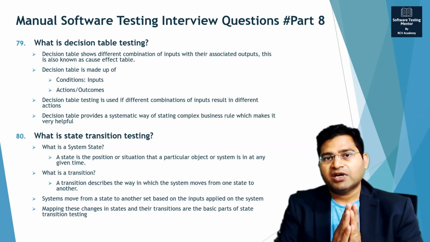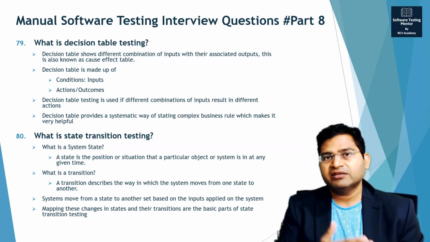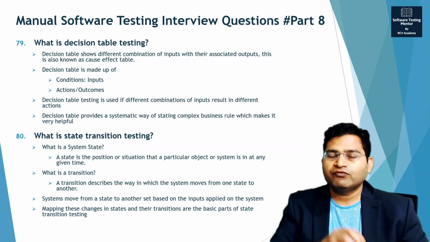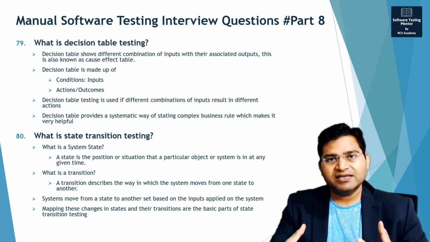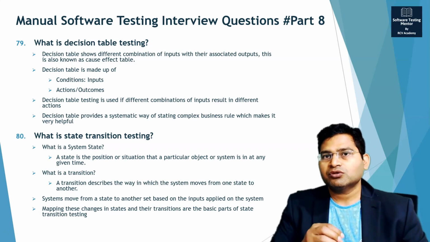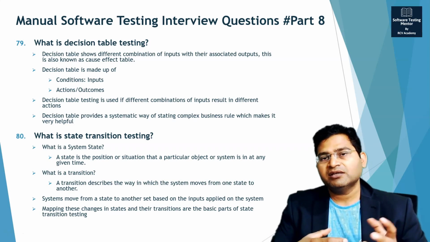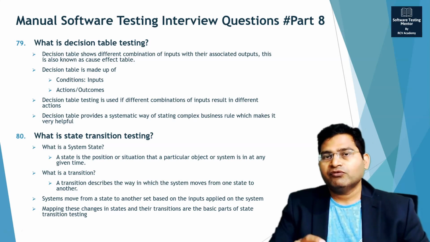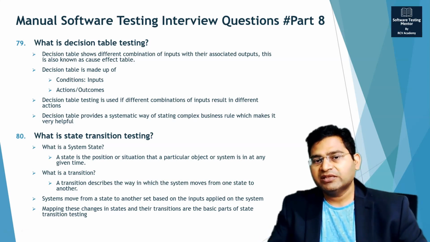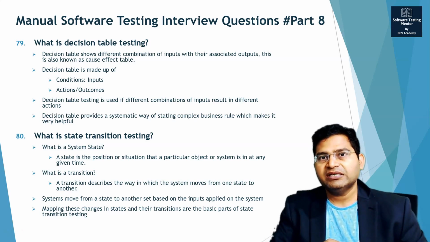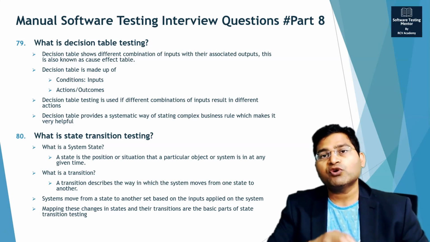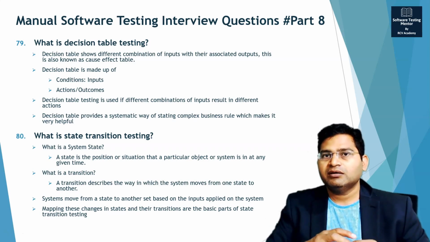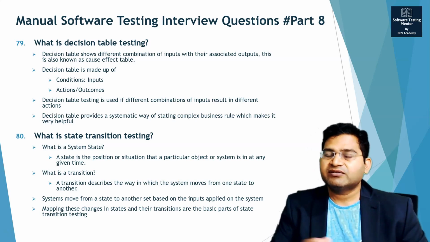When somebody asks what is state transition testing, you can pick the ATM example: any software will have different states, and the testing is being done to ensure the software state, or to ensure the business flow, when you are testing the business flow that makes the software move from one state to another state. Any transition that triggers the software to move from one state to another state, when you apply those transition and state techniques, that is what state transition testing is.